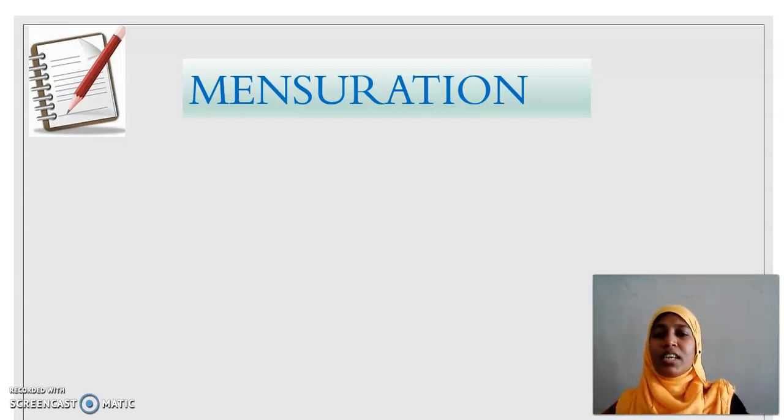Very good. See here, on this page you will have this picture, a note with a pencil. This symbol will give you an idea that this slide has to be taken down in your classwork note as it is. From this session onwards, we will follow this.